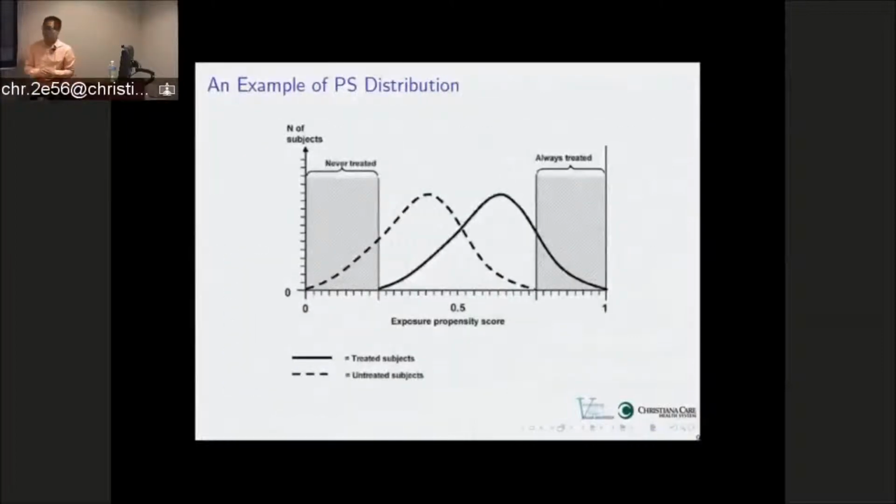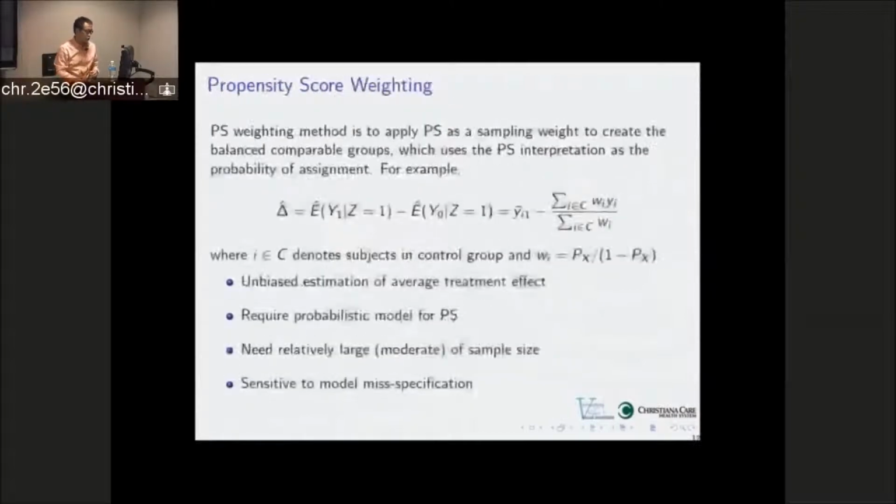Different from propensity score matching, which only focuses on the patients in this area, the overlap of these two groups in this interval, weighting may not need that large a sample size, but it can still get an unbiased estimation of the average treatment effect.